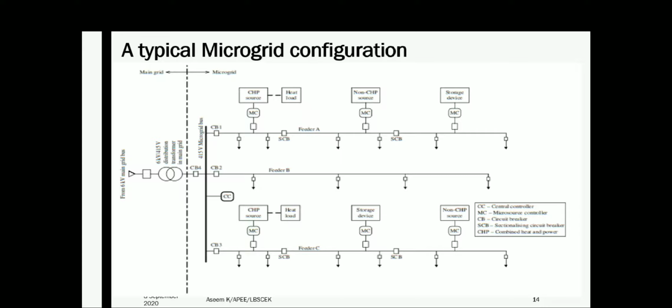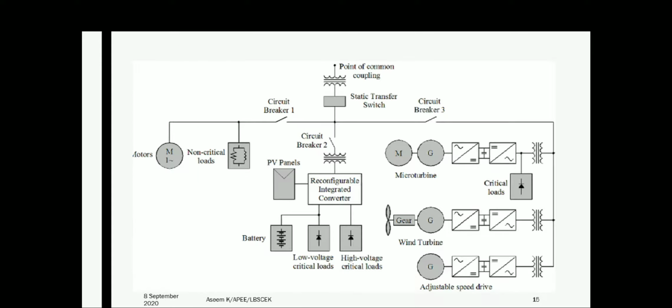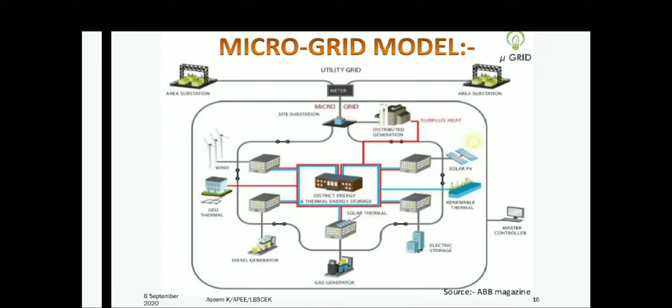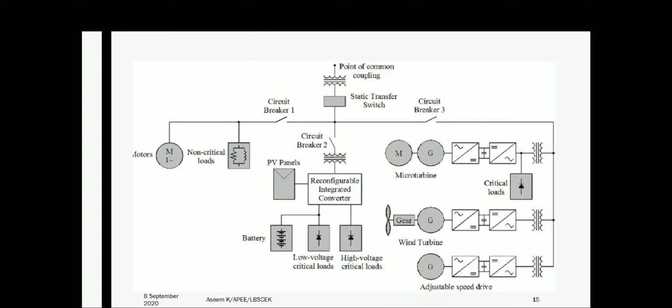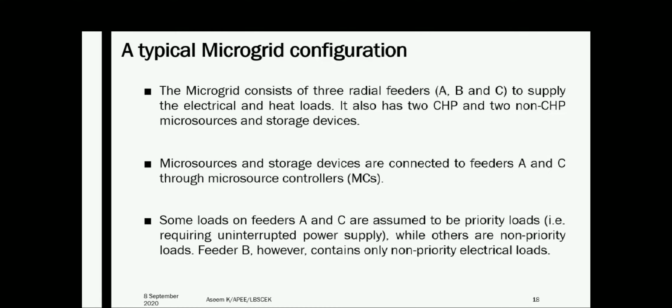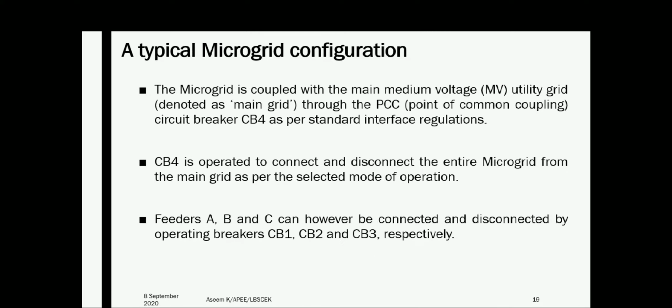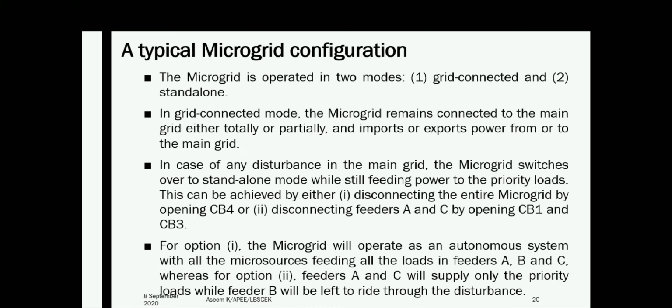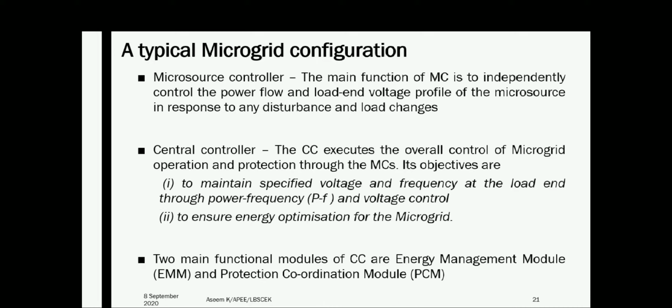The central controller mainly consists of two modules. This is another pictorial representation of typical configurations, selected from the internet, and you can see that these are the points we already discussed: microgrid configurations, where a central controller executes the overall control of microgrid operation and protection.